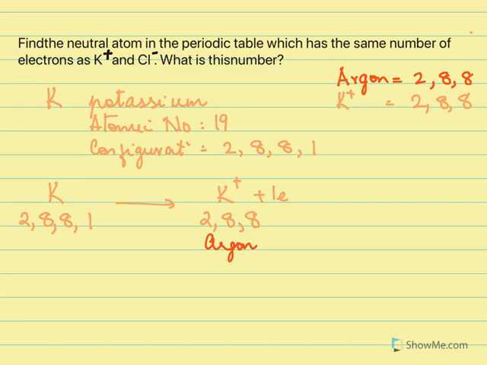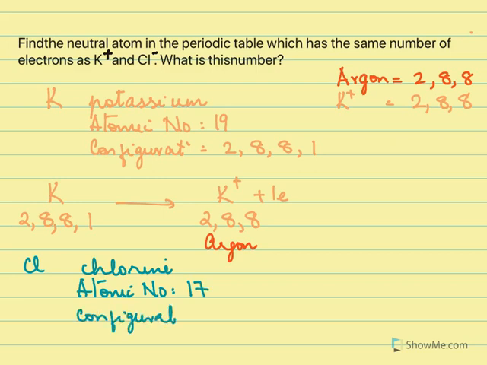Now let's take up chlorine. Chlorine, Cl, has atomic number 17. So configuration 2, 8, 7.